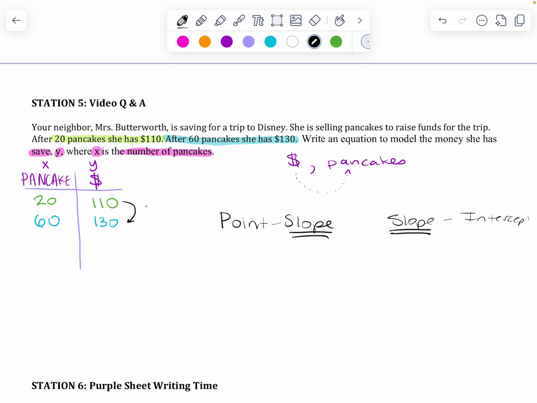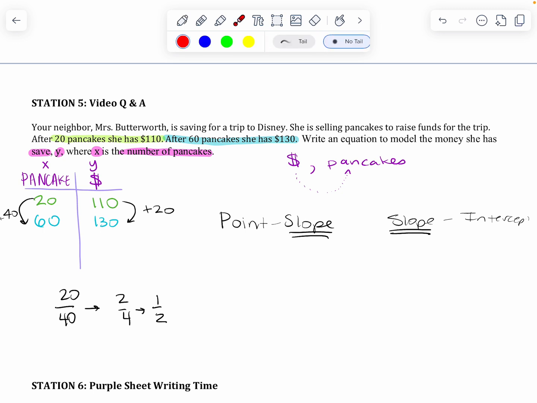So she's making $20 and this is growing by 40. I'll put a plus sign there. And so the slope is 20 over 40, which I can reduce to 2 over 4, which I can reduce to 1/2. So whether you keep it as 20 over 40 or 1/2, it's totally up to you. Maybe I'll just keep 20 over 40 so you can see it in the equation, right?